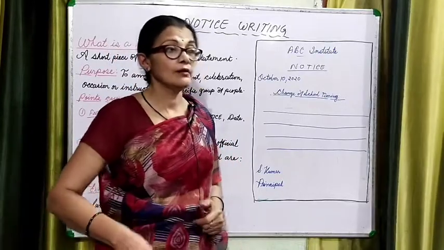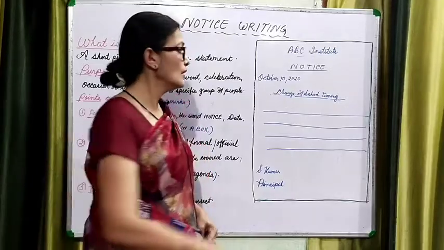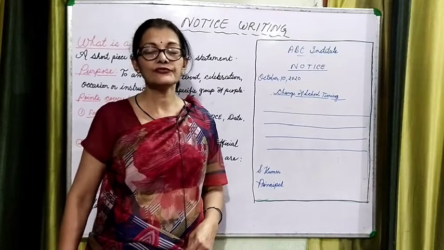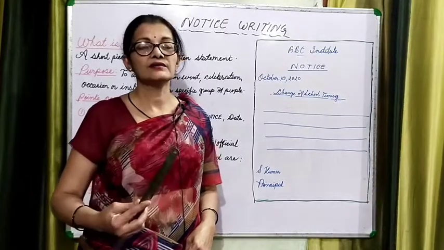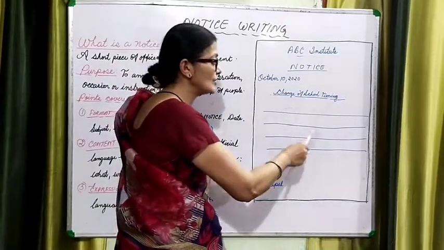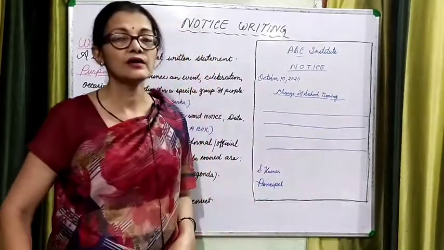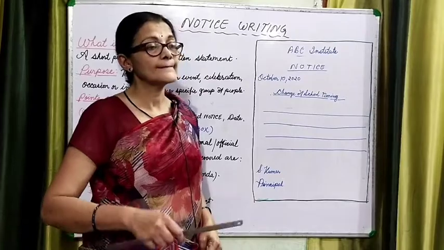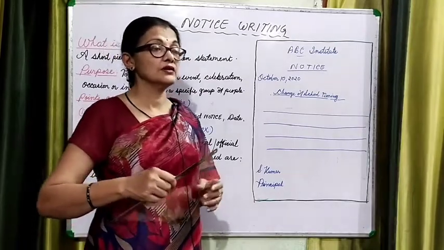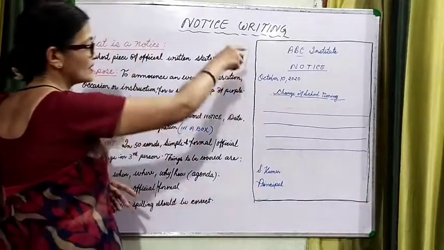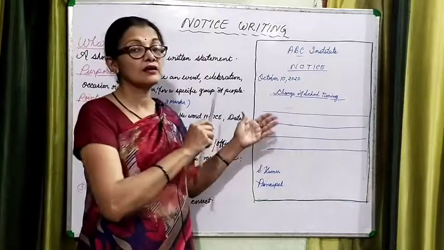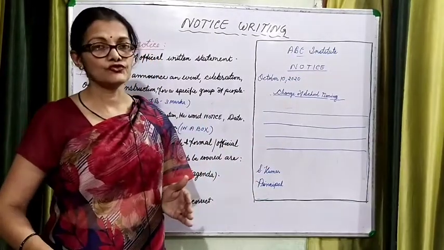Some children say, ma'am, if I write 1 full page, should that be enough? For that, I have no answer, because you have to assess yourself how many words you cover in each line. So just make a calculation of that. Whenever you are asked to write 30-40 words, or like in this case 50 words, how many lines do you have to cover?